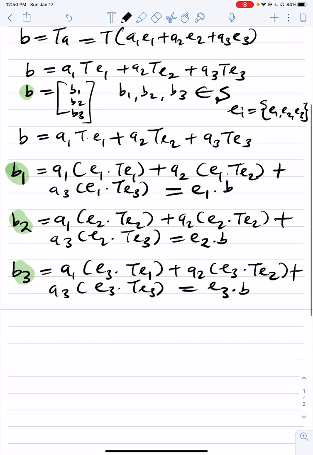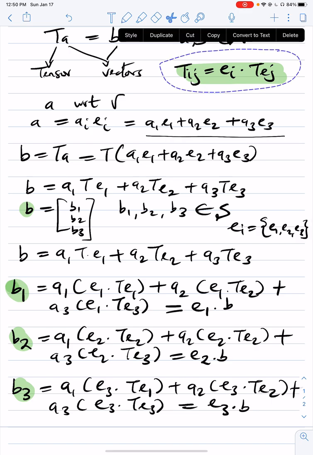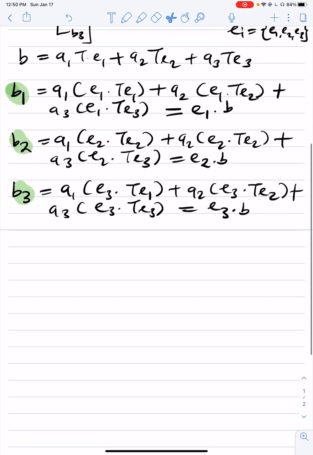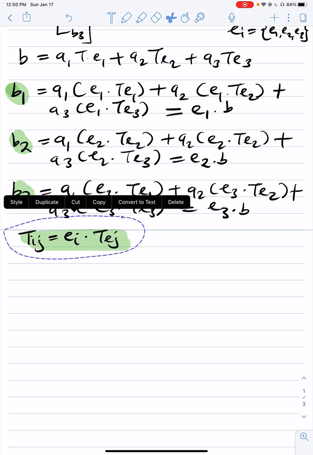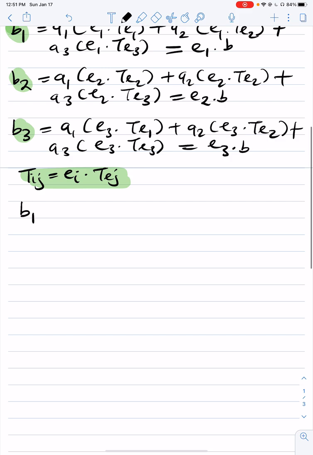If you remember, coming back to this expression, we used that in the last video, right? From this expression, we can further simplify B1 to be T11 A1 plus T12 A2 plus T13 A3.